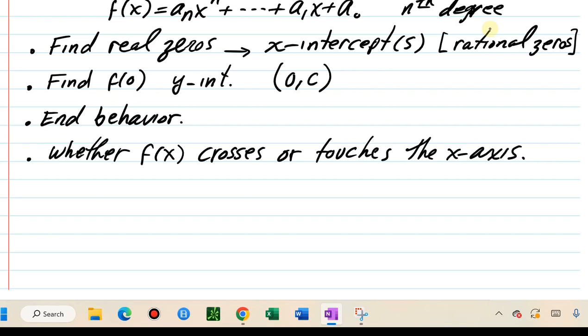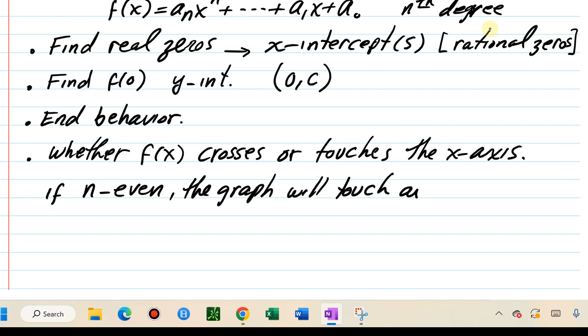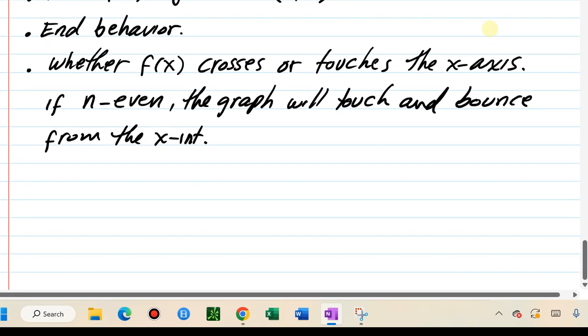And that is determined by the power function. If n is even, remember for n even, think about the parabola, how it behaves. The power functions behave like this. So if n is even, the graph will touch and bounce from the x-intercept. So that is important to remember.